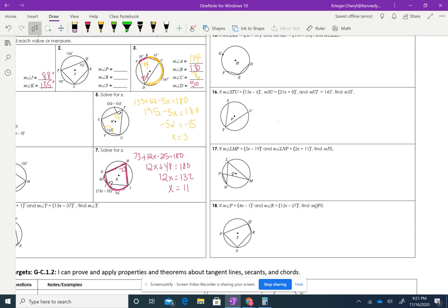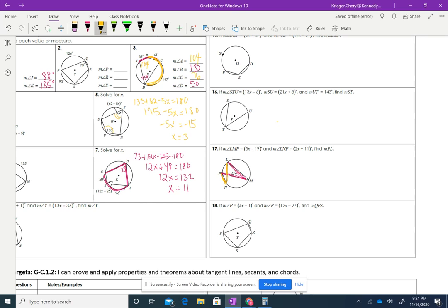So let's see what we have here. I have angle LMP, that's this one, is 5x minus 19. And angle LNP has the same endpoints as LMP.